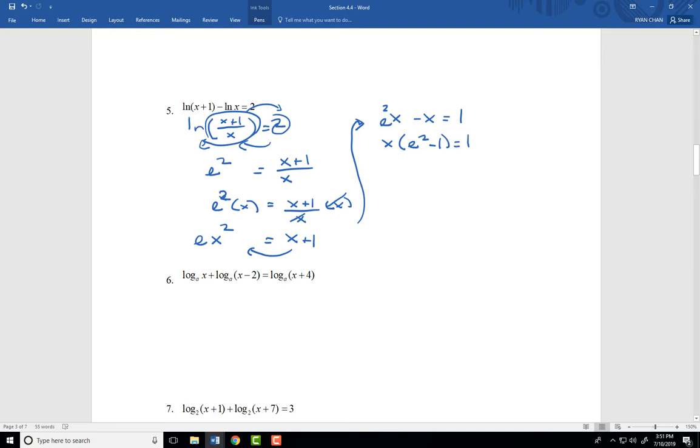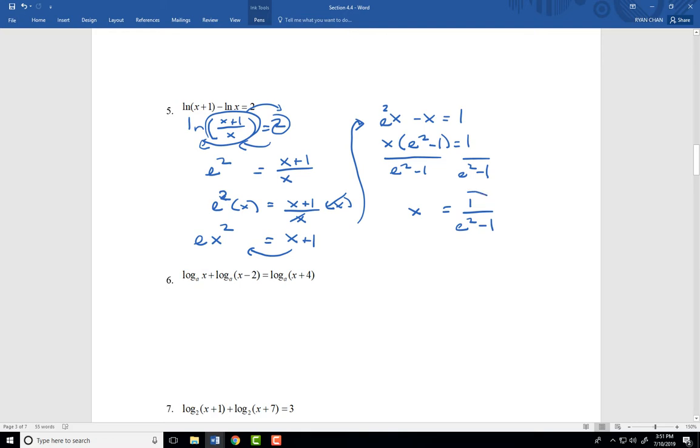And then divide. Remember, e squared is just a number. So essentially I have an x times a number, so I'm going to divide both sides by e squared minus 1. Now let's talk about this too. I forgot to talk about this in the last video.